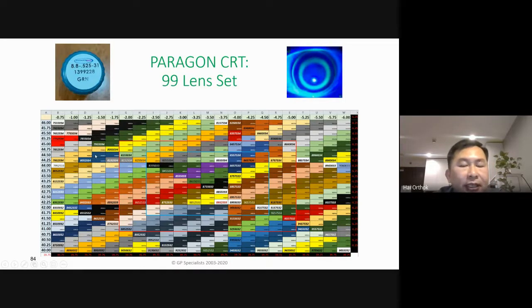And because one Paragon CRT lens can cover up to 12 or 13 prescriptions, with 90 Paragon CRT lenses you can cover 100% of the patients who come to the facility, have a lens to dispense to them immediately, or maybe fit very closely, nearly correctly, before the final customized lens.